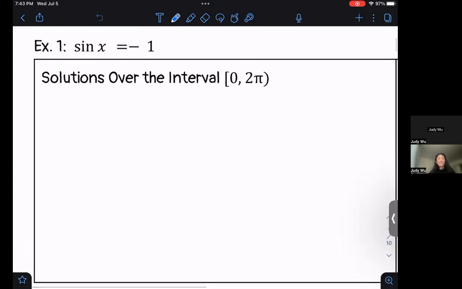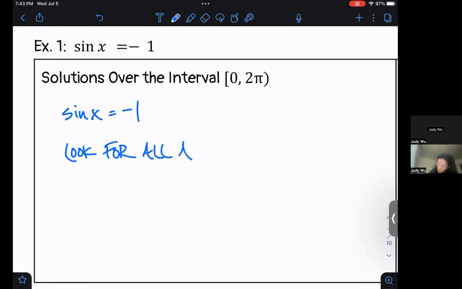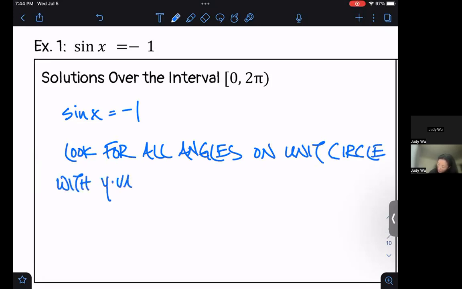We've got sine x equals -1. What this really means is we're looking for all of the angles on the unit circle with a y value of -1.